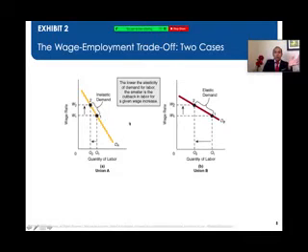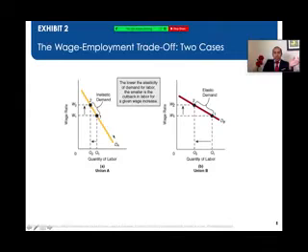Consider two different models. Model A with inelastic demand. Inelastic demand is steeper. Model B with a highly elastic demand, which is a little bit flatter. In the wage scenario for Model A under Union A, if you notice here at wage 1, the quantity demanded at point 1 is equivalent to Q1.